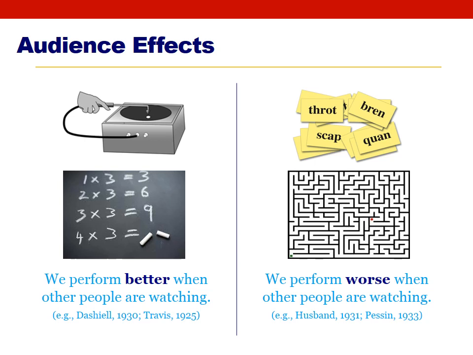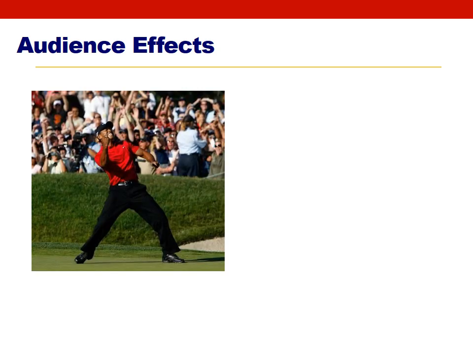Soon after that, however, a number of studies came out that showed the exact opposite. When they had people memorize lists of nonsense words or complete complicated mazes in front of an audience or alone, people actually did worse when they were being watched and did better when they were by themselves. So which is it?